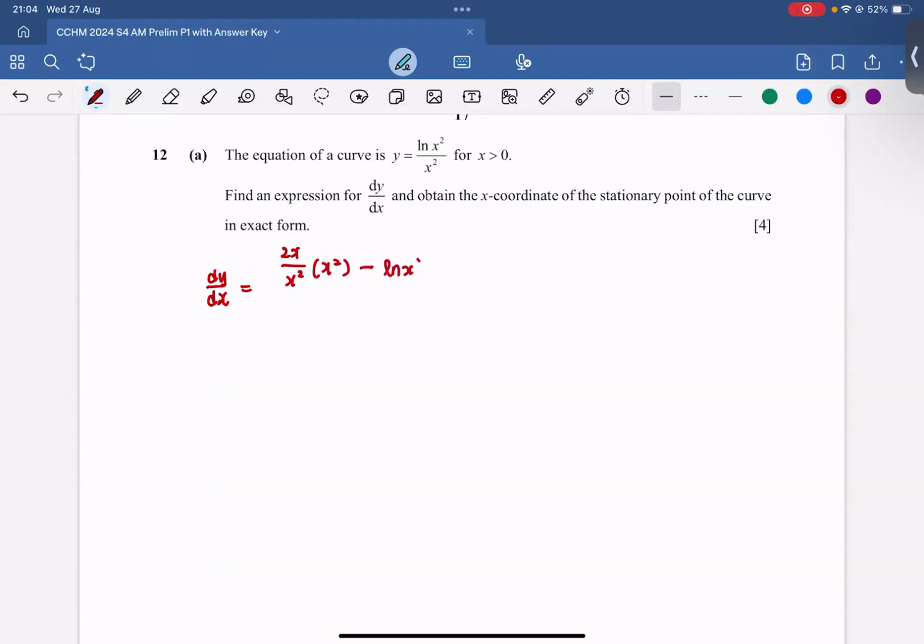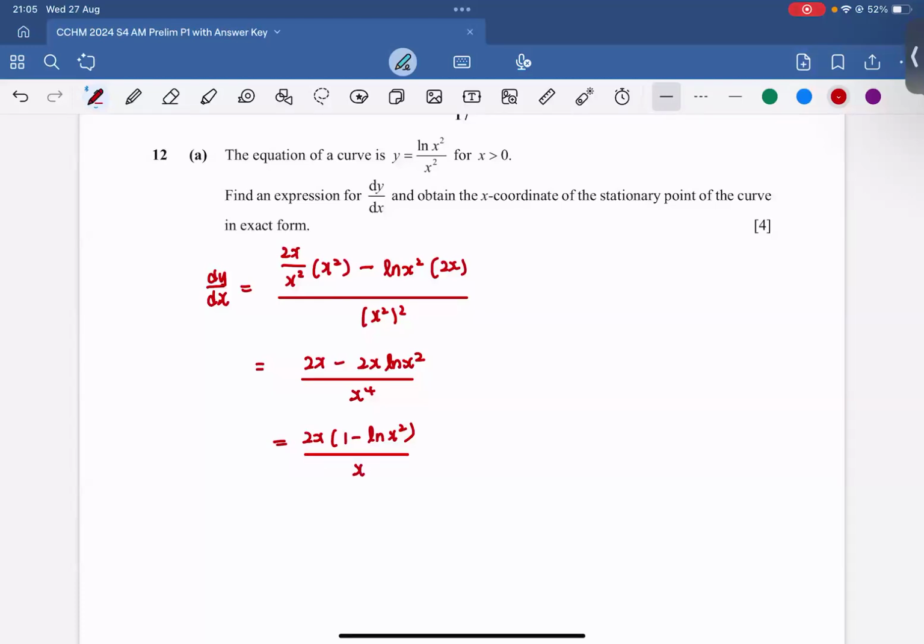Keep the numerator, differentiate the denominator, over the denominator squared. So this is just 2x minus 2x ln x squared over x power 4. Factorize 2x, and then the x and x can cancel. This becomes 3. So what we have is 2 over x cubed, 1 minus ln x squared.